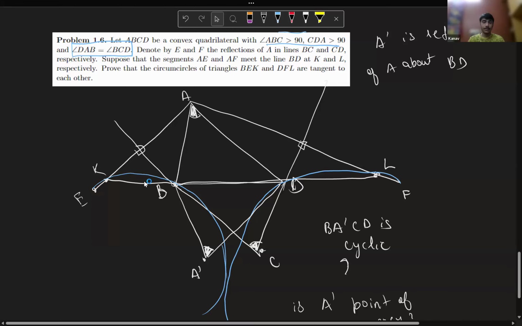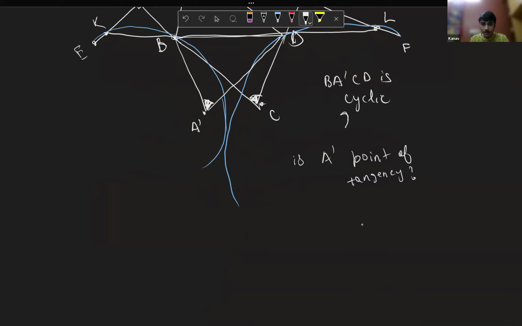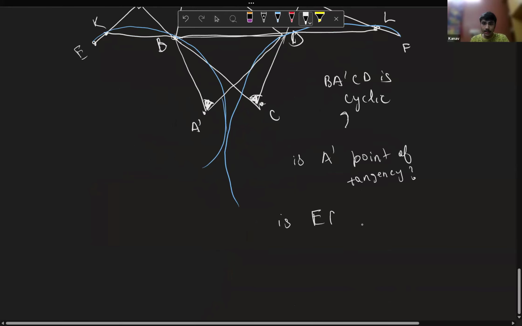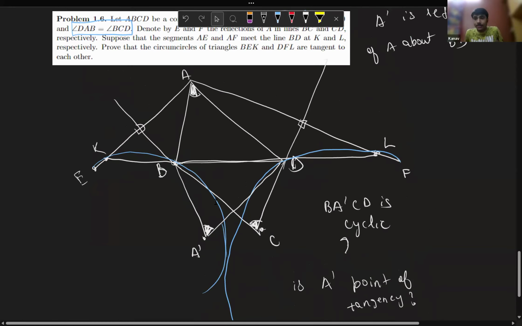For this to be true, the first sub-condition is: is EKB A prime cyclic? Diagram might be false, don't go with the diagram. It doesn't look on the circle. The diagram is horrible anyways.